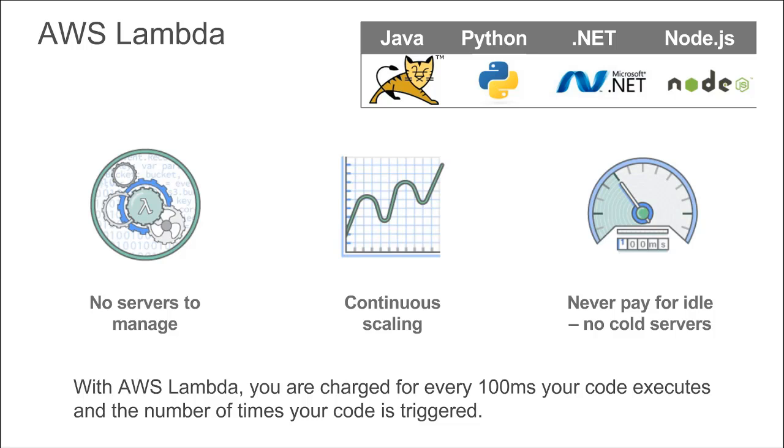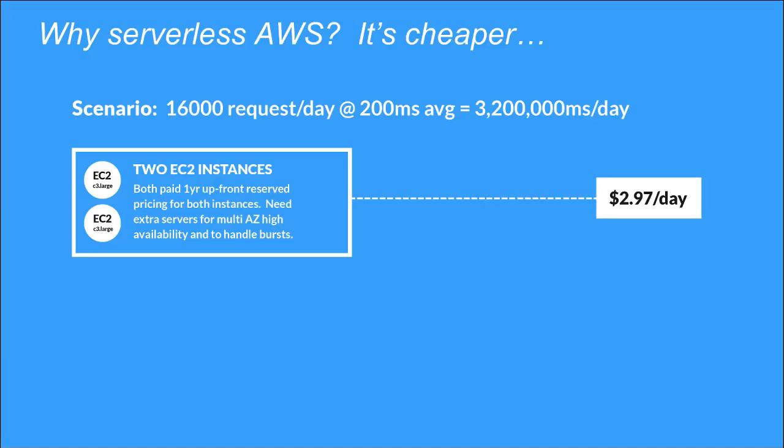The other really huge benefit here is I never pay for idle servers that are sitting there. Usually you have servers sitting with a port open, listening, waiting, and there's a lot of times that it isn't even utilized. And so here we're only going to be charged for the time the code executes. And so that can be a huge differentiator.